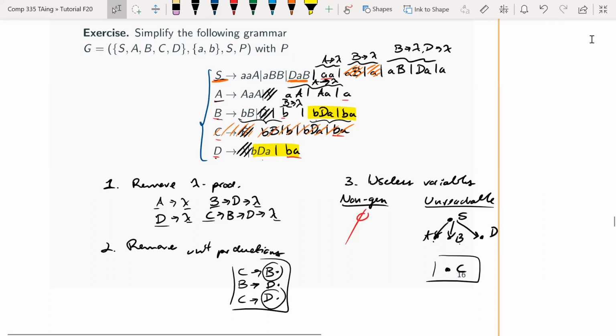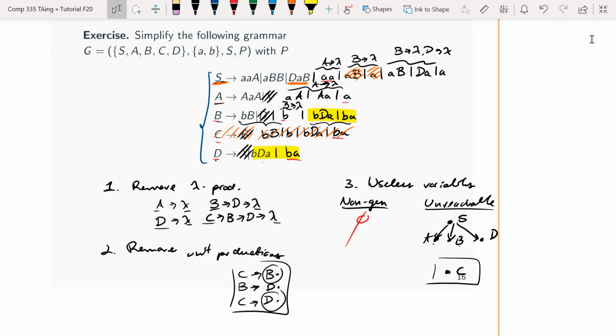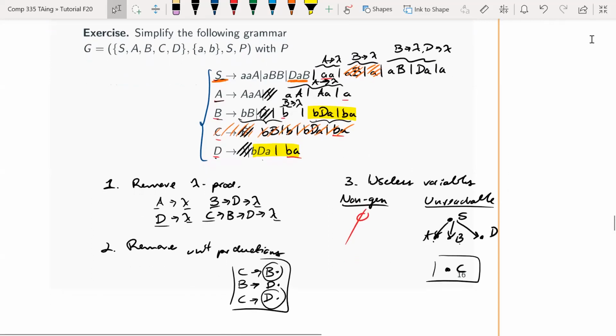Is it okay as a tool when you find a variable non-generating... I'm asking about the exercise that we just did before, the one before this one.